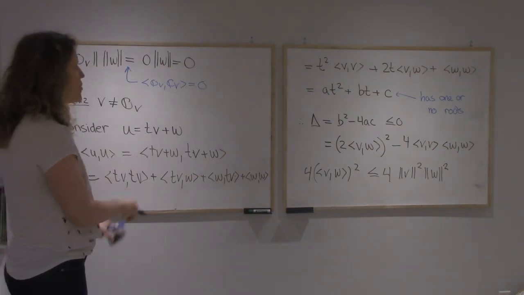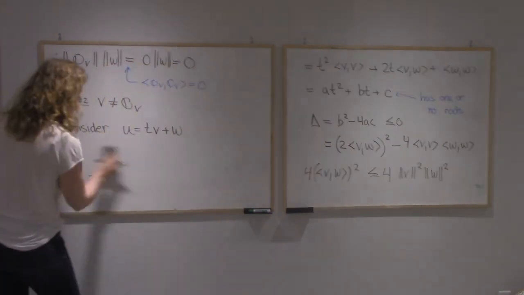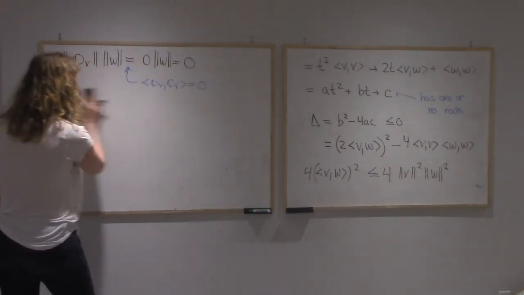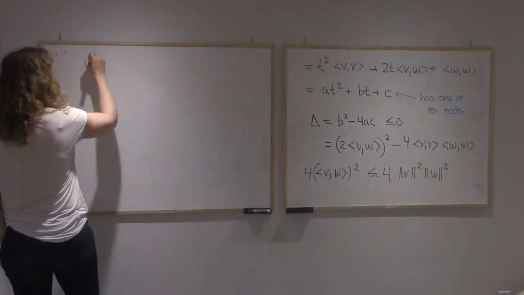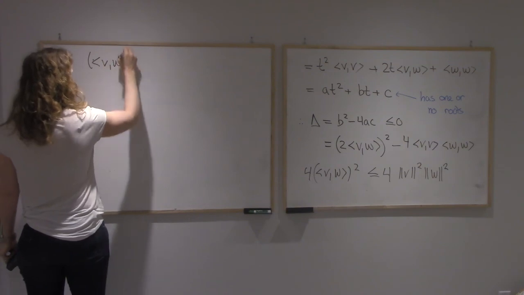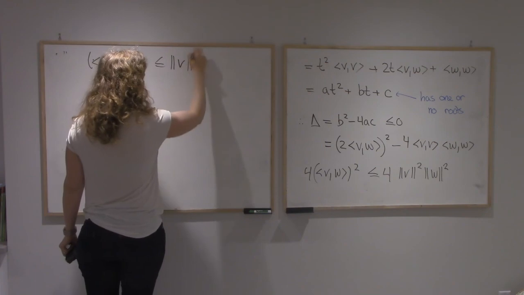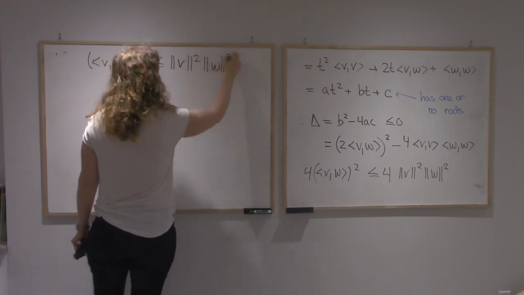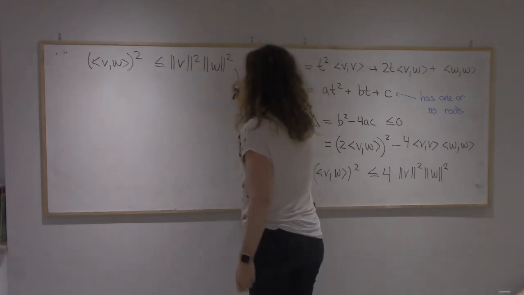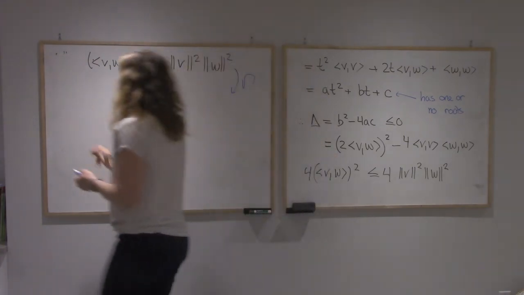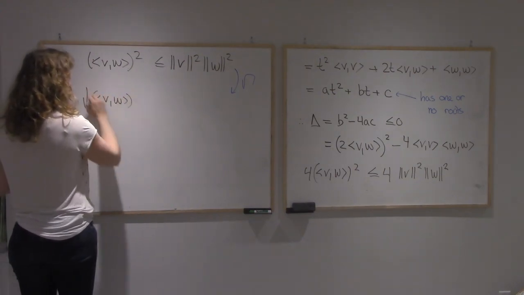I can cancel the 4, and then I can apply the square root. Since the square root is an increasing function, I can apply it to an inequality. So if I divide by 4, I get ⟨v, w⟩ squared is less or equal to the length of V squared times the length of W squared. Then if I apply the square root, I get the square root of ⟨v, w⟩ squared.